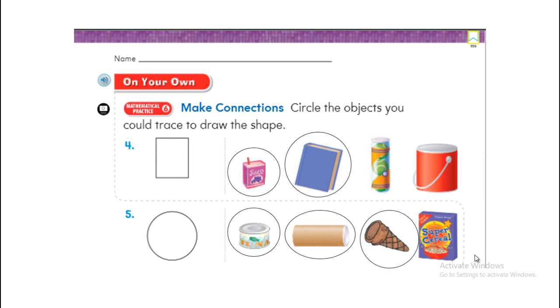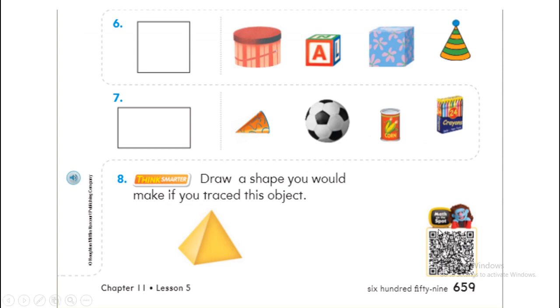It looks like a rectangular prism, so no, I cannot use it to draw a circle. Now, what can I use to draw a square? No. The blocks, yes. This gift box looks like a cube. I can use the cube to draw a square.